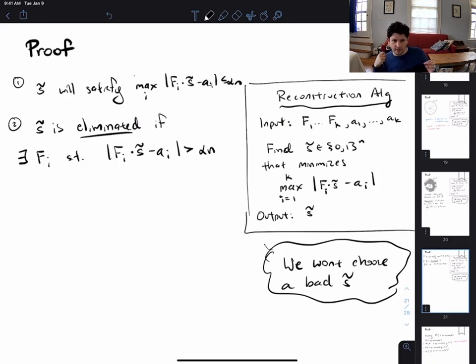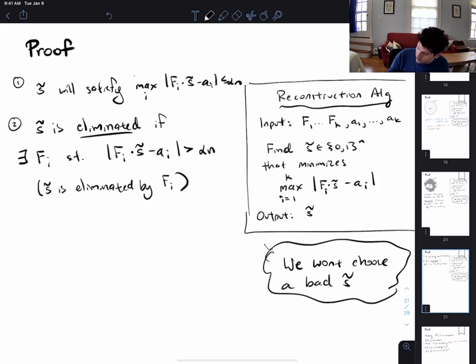So we know that S tilde can't be the choice if there's even one query fi whose error, with S tilde as the secret bits, is bigger than alpha n. That can't be chosen. And we'll also say S tilde is eliminated by fi, so we'll talk about which query eliminated it.